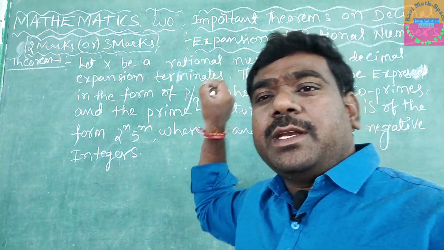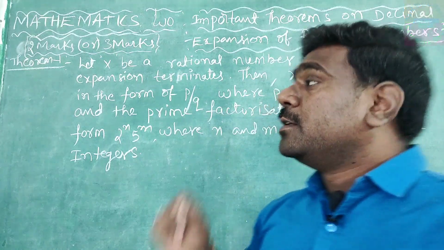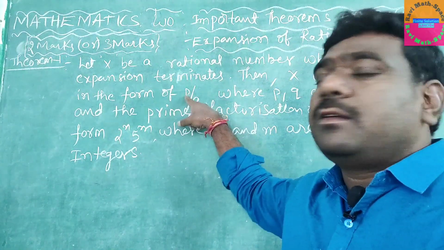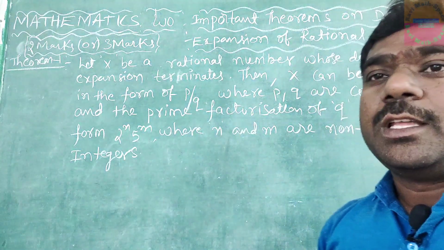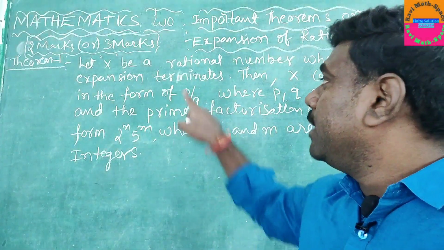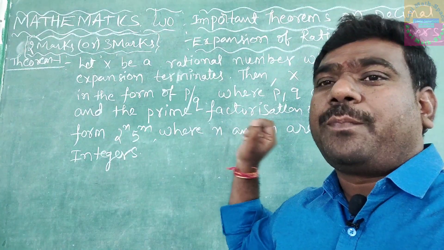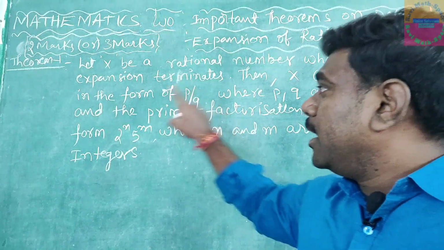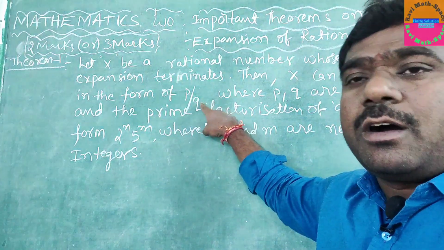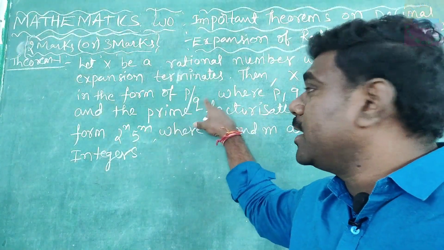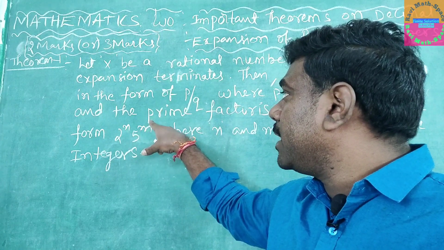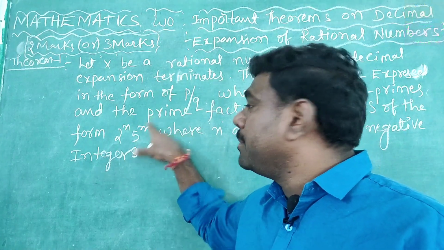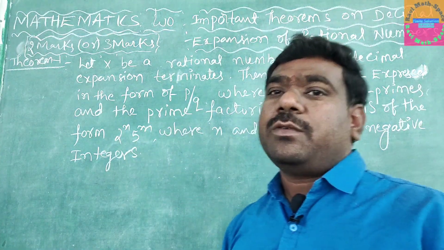When we have a terminating decimal expansion, that decimal we can express in the form of p by q, where p and q are coprime numbers, and the prime factorization of q, meaning the denominator, is of the form 2 power n into 5 power m. This n and m are non-negative integers.